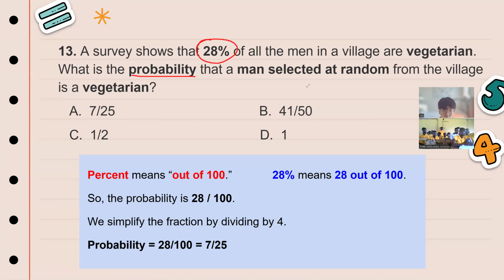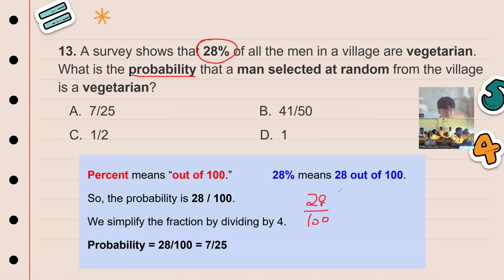So we know 28 out of 100 is just this fraction here. But 28 out of 100 is not in the options. So we just have to simplify the fraction.